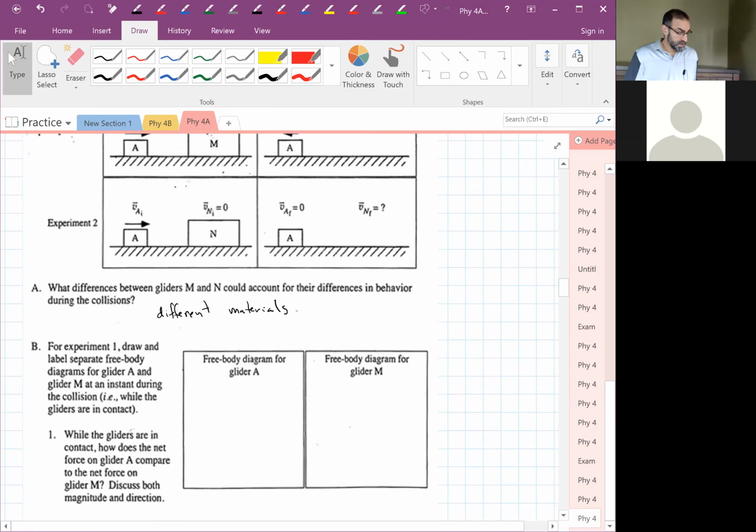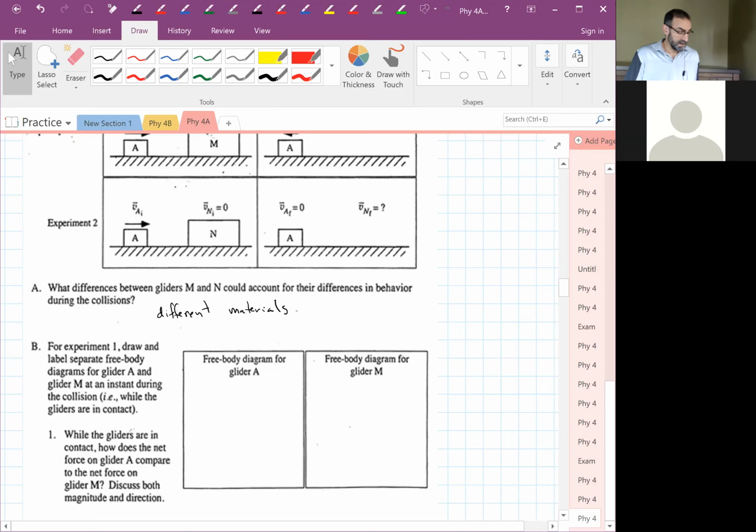Now we want to draw a free body diagram for block A. At some point, it says draw and label a free body diagram for A and M at an instant during the collision while the two are in contact with each other.